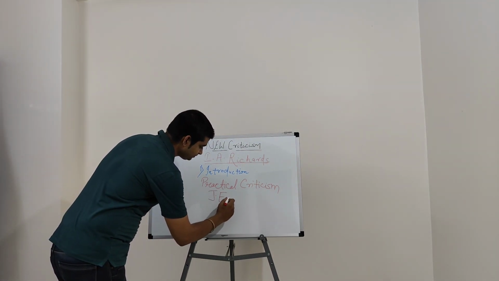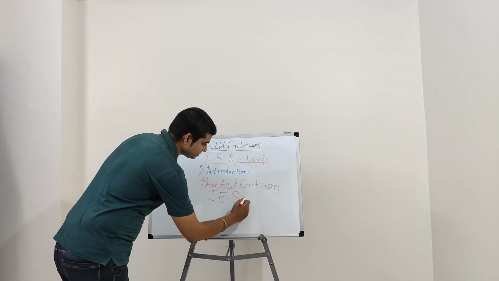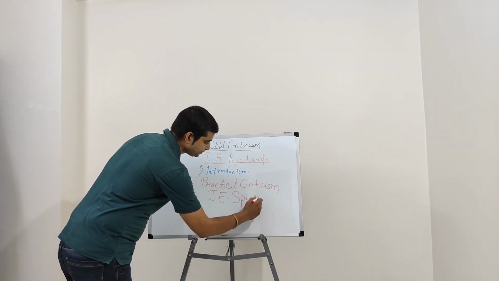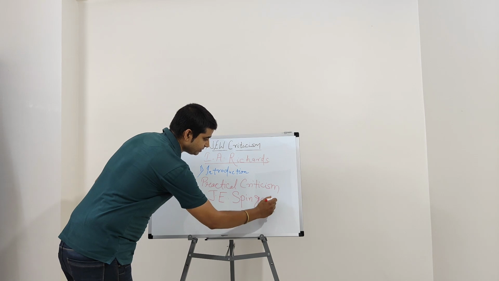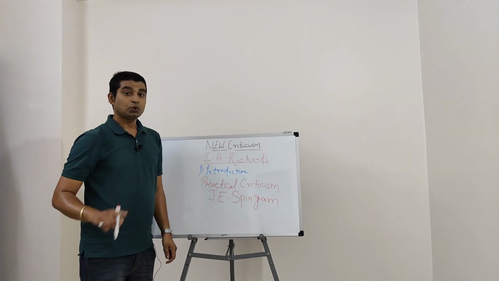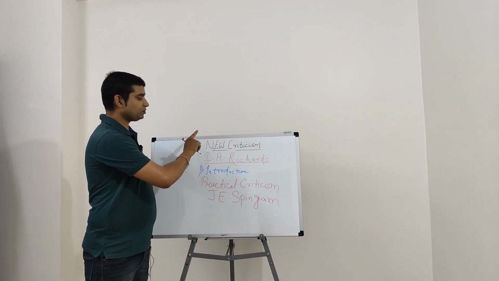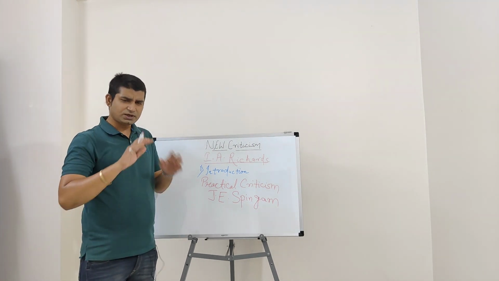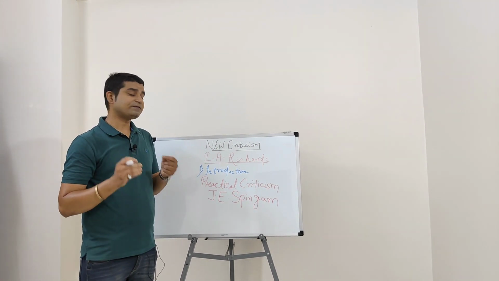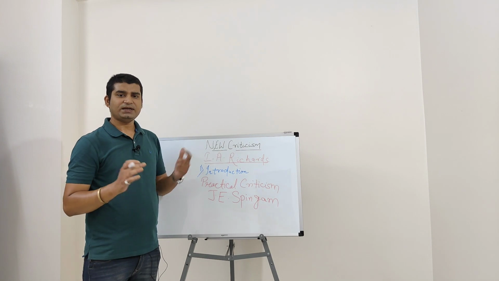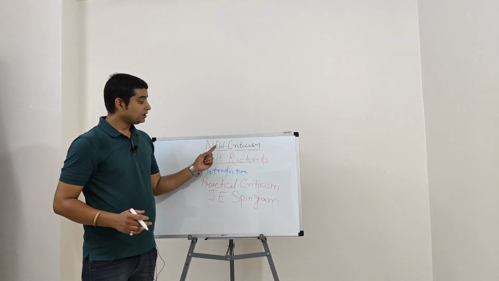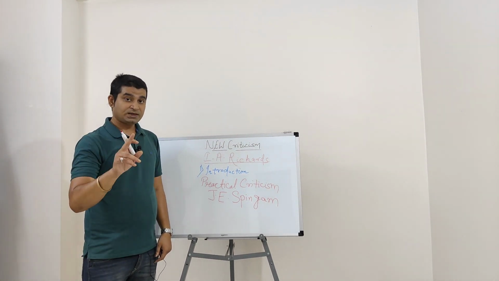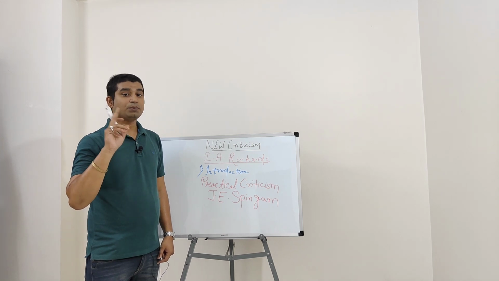Remember these names. These are frequently asked in examinations. J.E. Spingarn was the one who for the first time gave the term New Criticism, not the concept, but the term. While delivering a speech, he used the term New Criticism. But this term never got popularized.